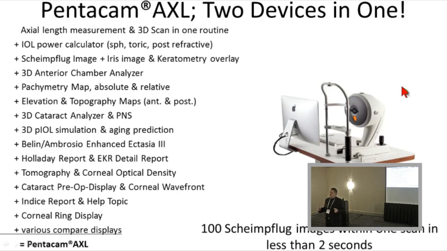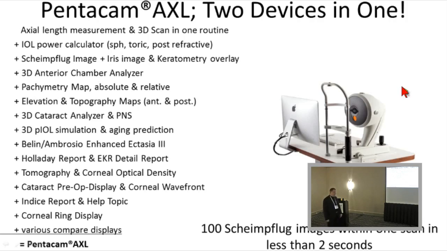It's going to be where in the Holladay IOL Consultant program that has the Holladay 2, has the toric calculators, has all the analysis stuff that you have, for those of you that have that, the IOL Consultant will be able to import all of the data from the Pentacam AXL into the system, just like it does for the IOL Master and for the LensStar, so you don't have to manually input anything anyway.